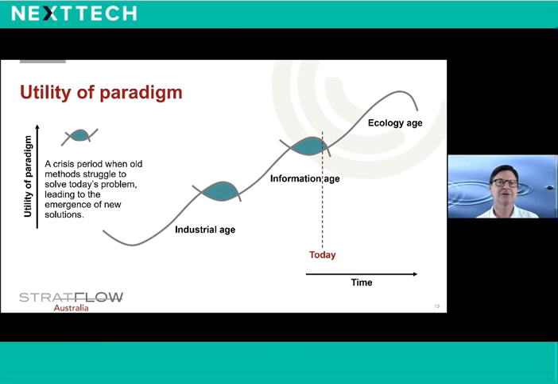Now, this graph shows the utility to society of new paradigms as they develop over time. Each age builds on the best of what came before until it hits a blue bubble. And in the industrial age, the ideas of companies such as Ford and GM set the stage for tremendous economic and productivity growth.